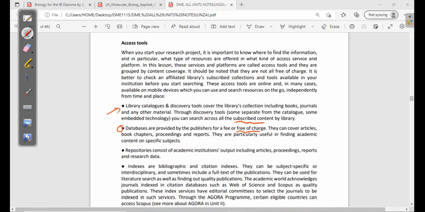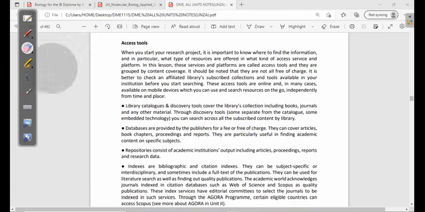This is simply where you can get the data which is published or provided by a publisher, either for free or for a fee. It can cover articles and different kinds of books which you can get when you pay or when it's just free. So these are all access tools.